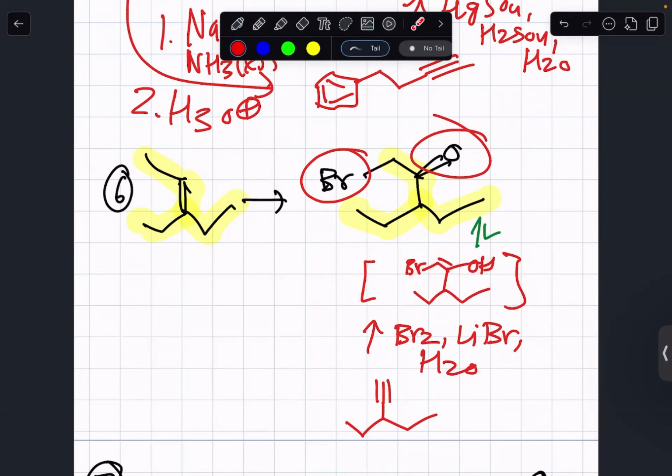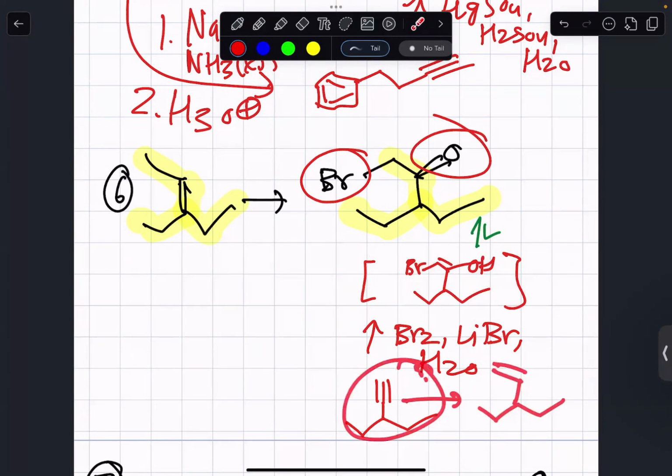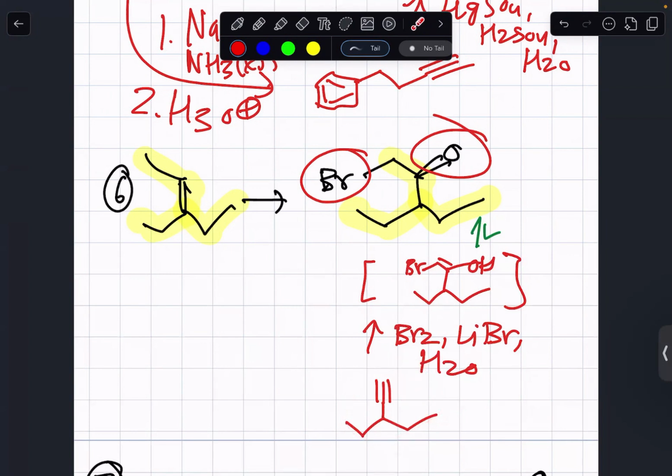Lindlar catalyst. So Lindlar catalyst would create a cis alkene from an alkyne, but this is not internal, so we can't have a cis or trans alkene. Let's go backwards even further. What is a way that we formed a terminal alkyne? If you get stuck, try going backwards even further.